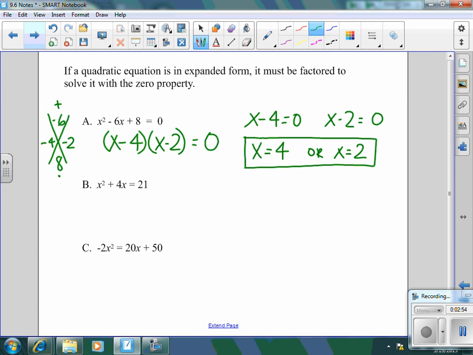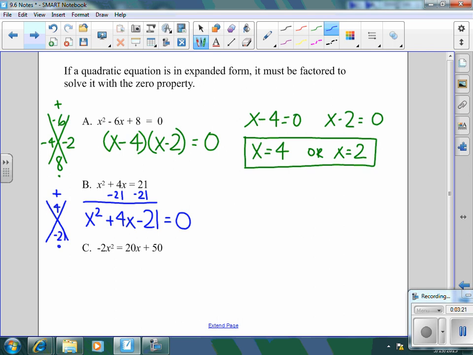B is a little more work because we need to make one side equal to 0. I'm going to subtract 21 from both sides. That's the easiest to do. So you have x squared plus 4x minus 21, and now it equals 0. So we need to find two numbers that add to make 4, and those same two numbers have to multiply to make negative 21.